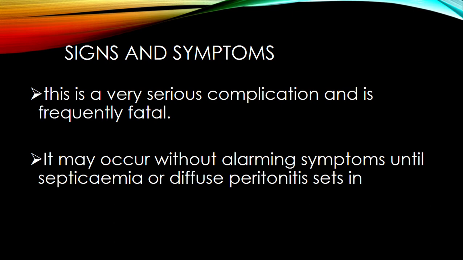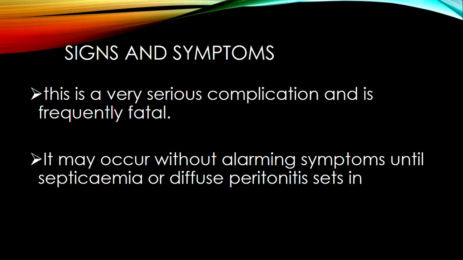It may occur without alarming symptoms until septicemia or diffuse peritonitis sets in. So all these developments may be taking place and the patient may not show these signs until peritonitis or septicemia occurs.